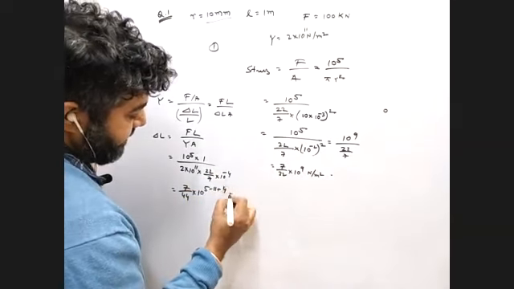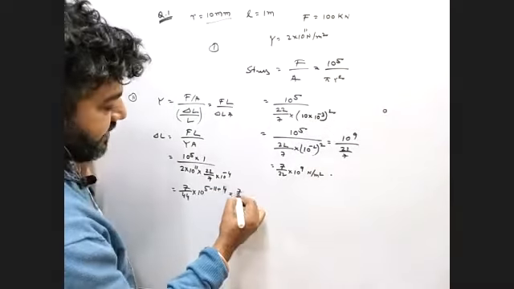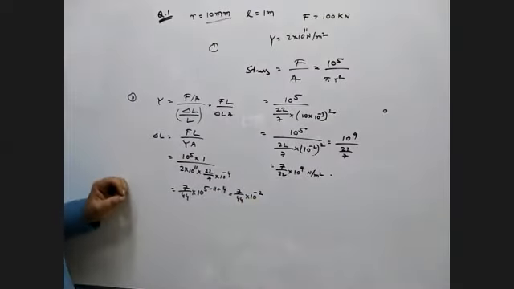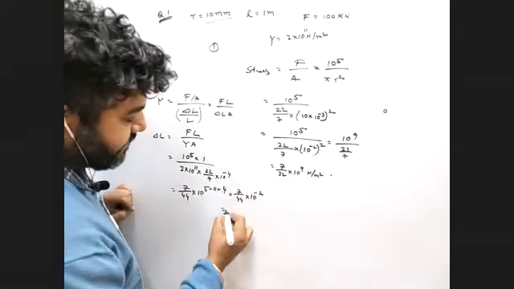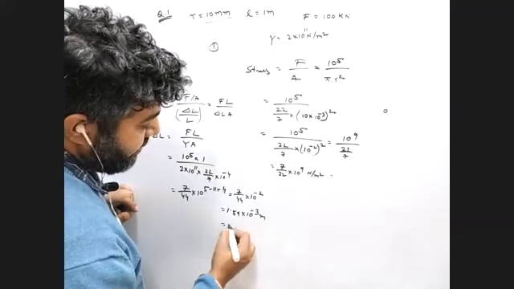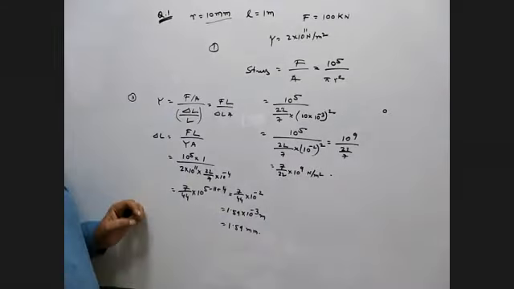So we have 7/44 into 10 to the power minus 2, which equals 1.59 into 10 to the power minus 3 meter. Yeah, 1.59 millimeter. Is it okay?